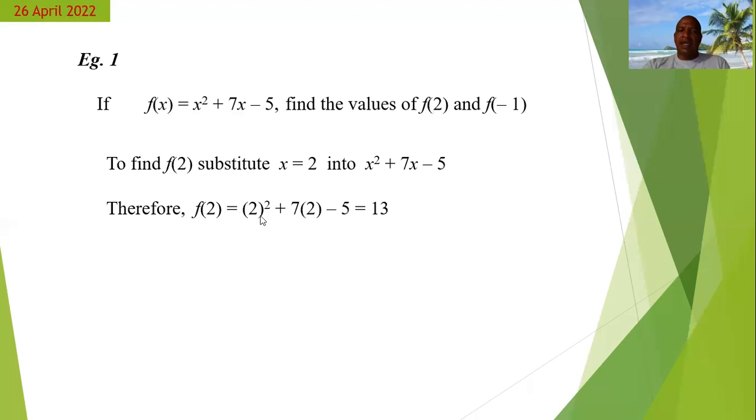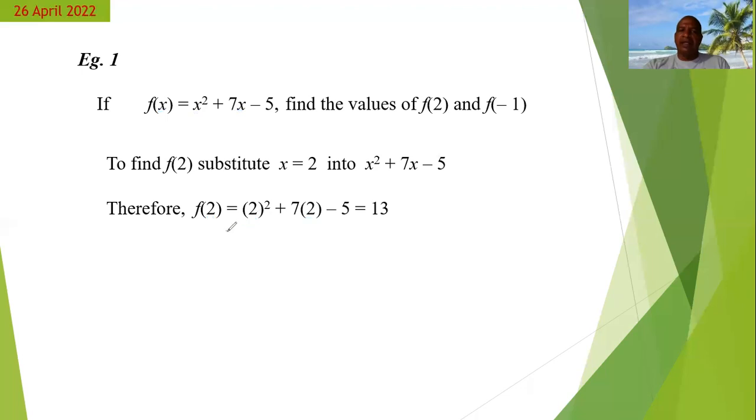So this is what it looks like. f of 2: we plug the 2 here, 2 here, 2 here. On the left-hand side, we put 2 in the bracket where the x would normally be. On the right-hand side, we put 2 where the x would be. And then we calculate the values on the right-hand side.